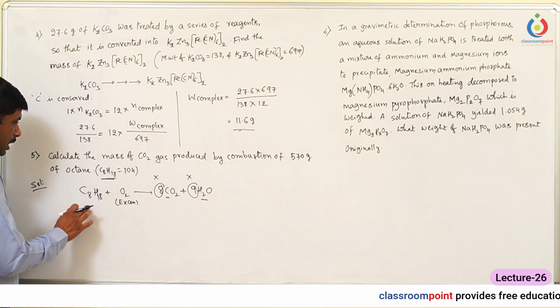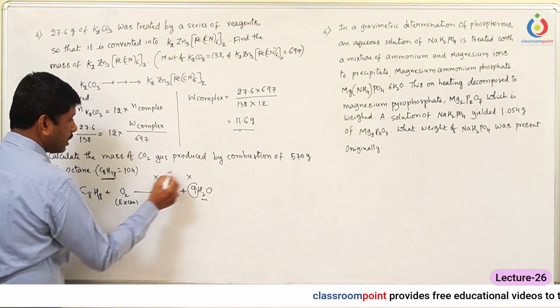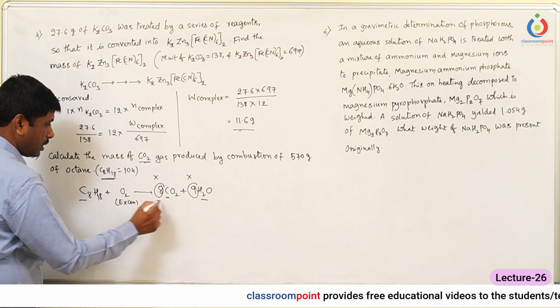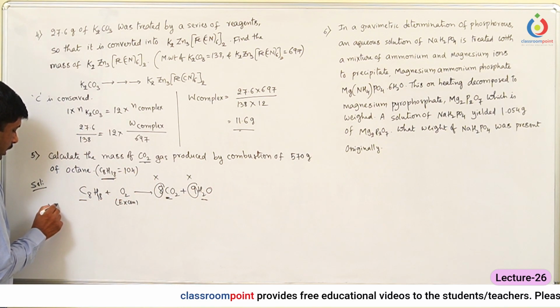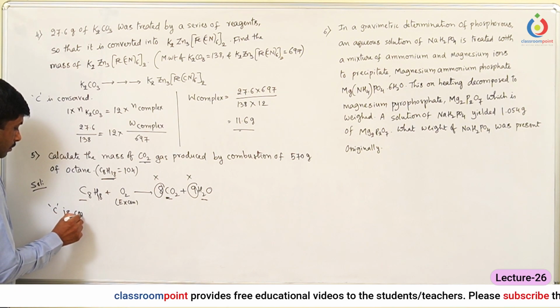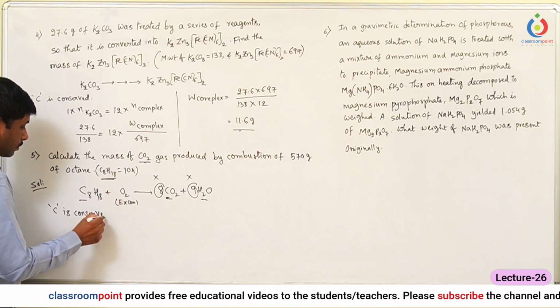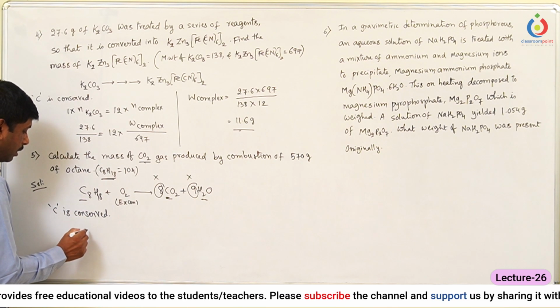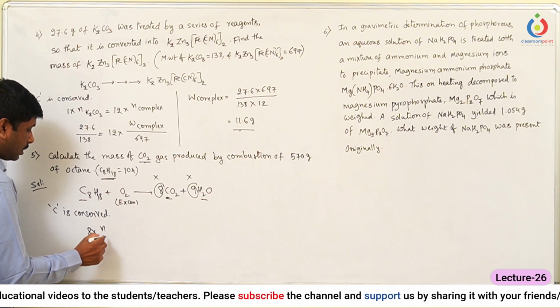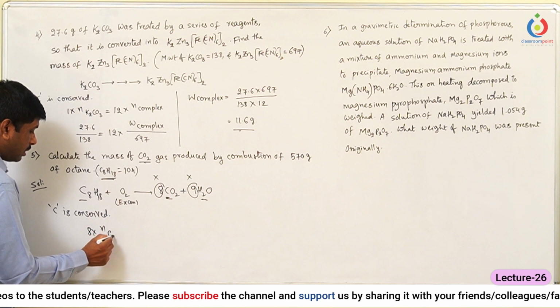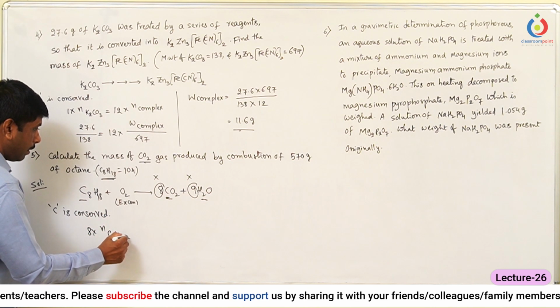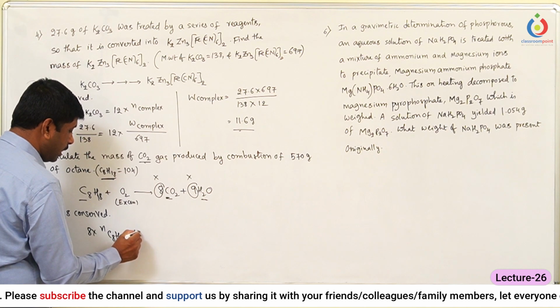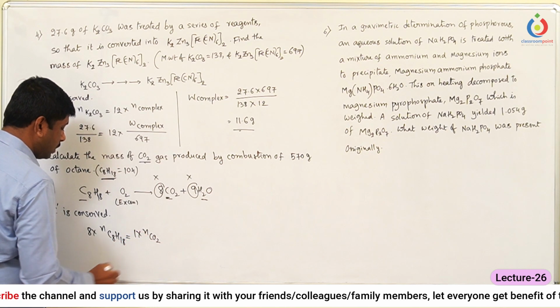So here we write that carbon is conserved because they are asking about carbon dioxide. Both sides carbon is present, so C is conserved. How many carbon atoms are there? 8. 8 into the number of moles of octane, C8H18, is equal to 1 into the number of moles of CO2.